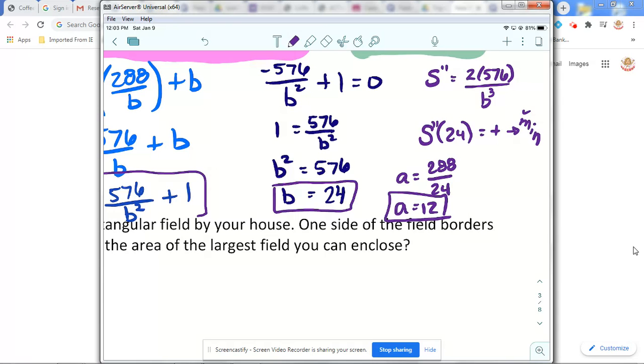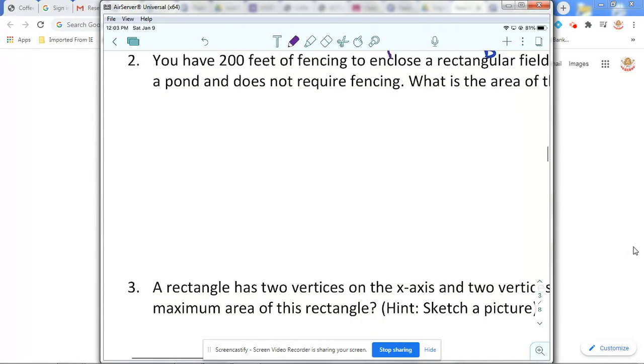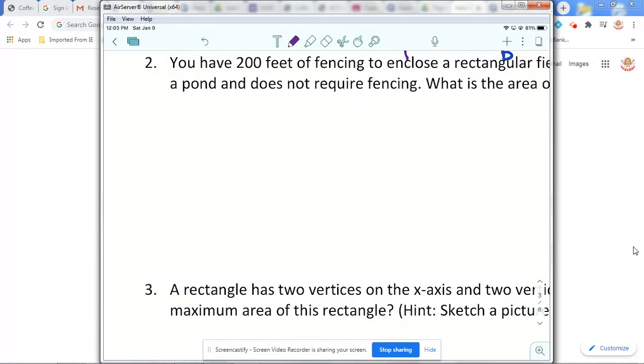Okay, so we just did a whole optimization problem. Now, we do have varying levels of difficulty, so some of them may be a little more difficult than that. So the next two you might find could be more difficult.